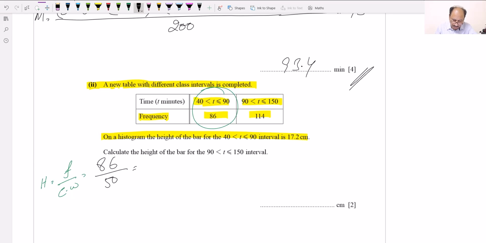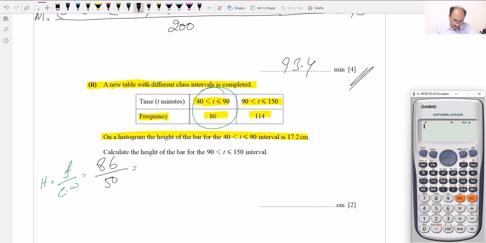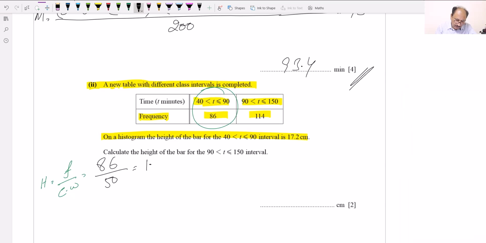So 86 divided by 50 is equal to 1.72, but they are providing us that the height of this histogram is 17.2, so it means that we are taking this one and multiplying it with 10 and we are getting 17.2 centimeters. This is what we'll have to use as a standard, and this is what they have done.